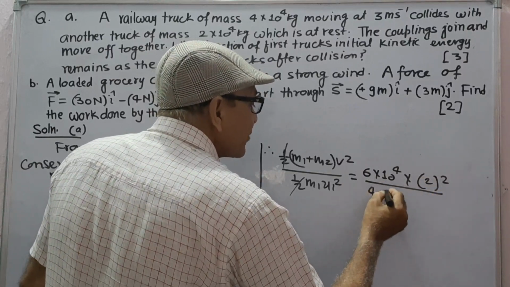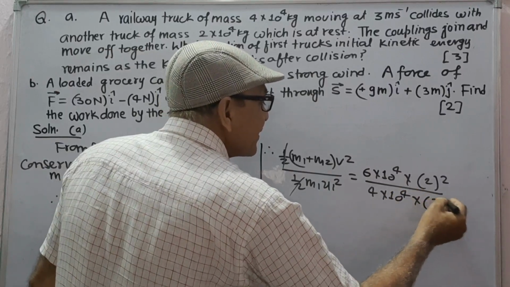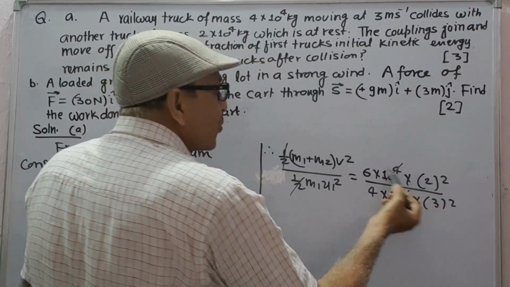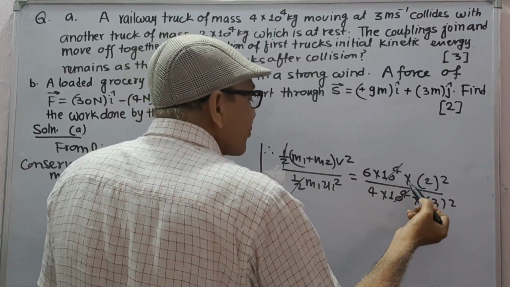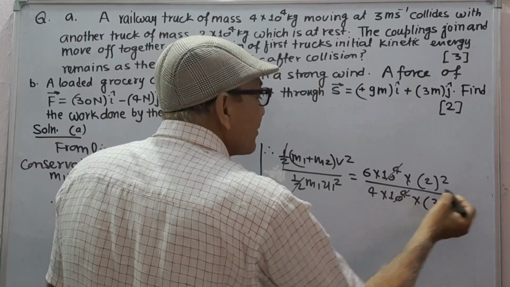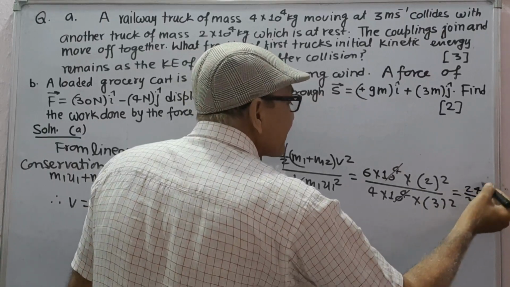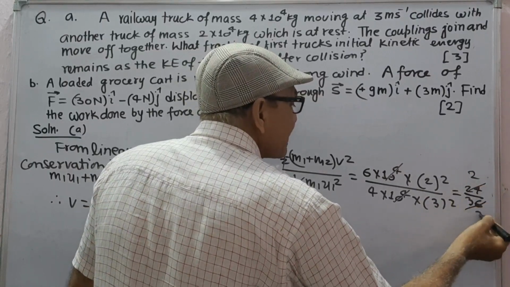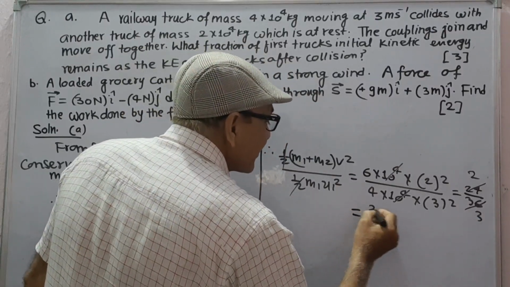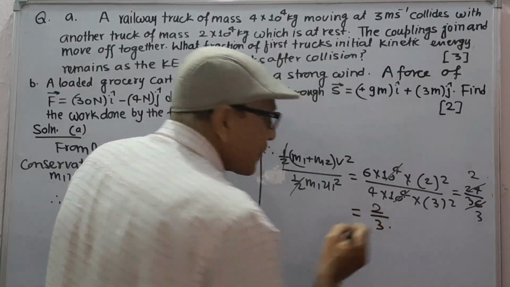Here 4 × 10^4, u1 is 3 squared. This cancels out. 4 into 6 is 24 and 9 into 4 is 36. So this is 24 upon 36, means 2 by 3. Therefore the required ratio will be 2 by 3.